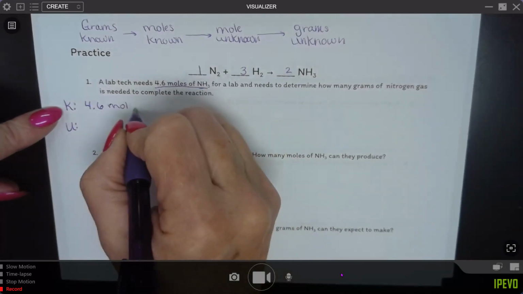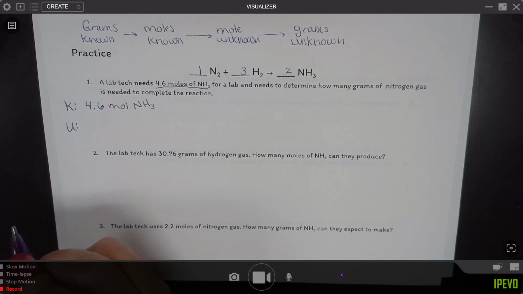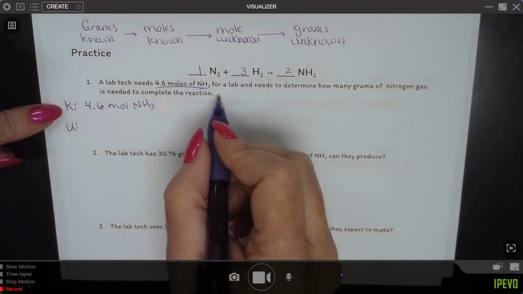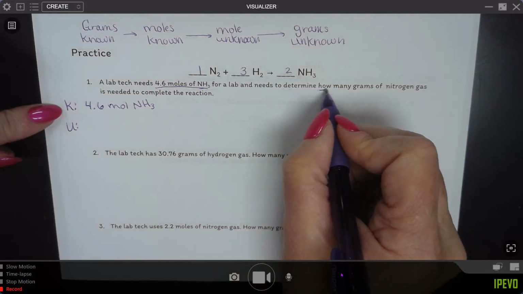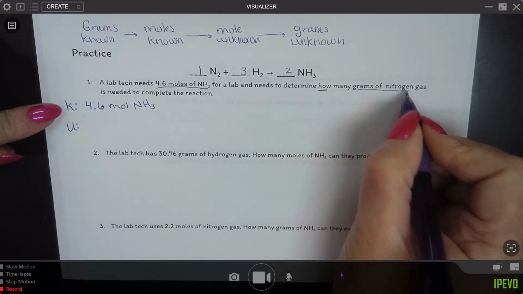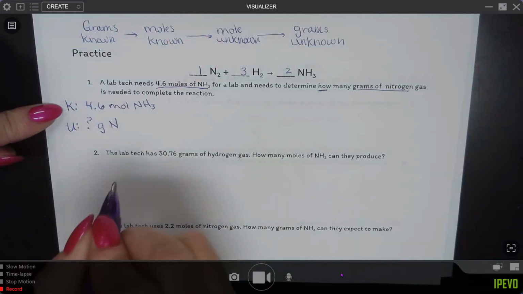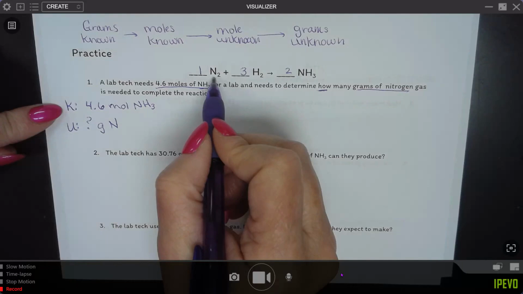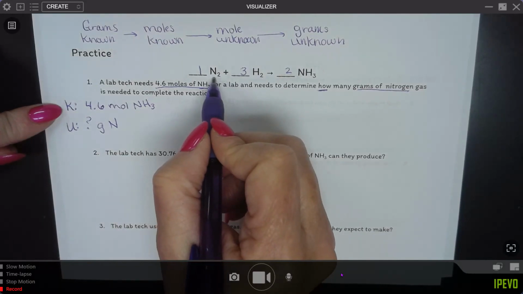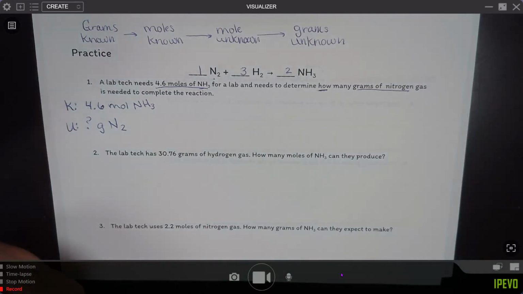It's really important to write the units and the substance. Okay. And then what we're looking for, I'm going to look for the question word. So how many grams of nitrogen gas? So my unknown is grams of nitrogen. Now, make sure you look in the chemical equation because here nitrogen is N2. Okay, so you've got to have that diatomic piece.